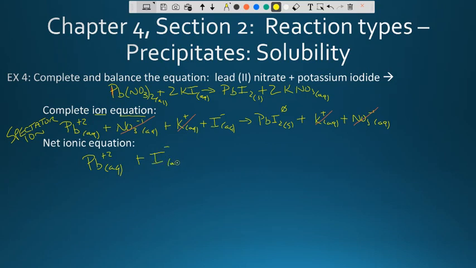Now notice that these are ions. They're important in the reaction to get my precipitate of lead iodide. Now that I've done the net ionic equation, the next step is to balance my charges. Notice on this side of the products, that's 0. On this side, it's a +1.